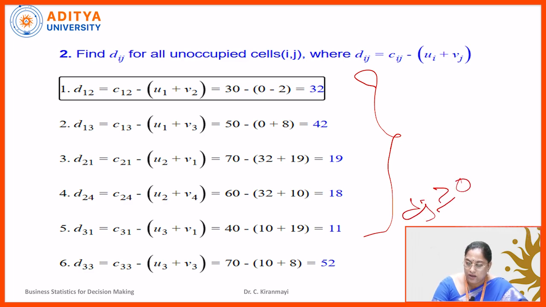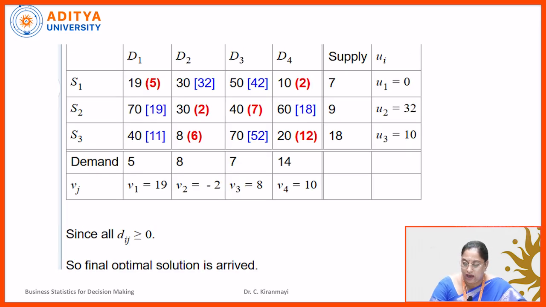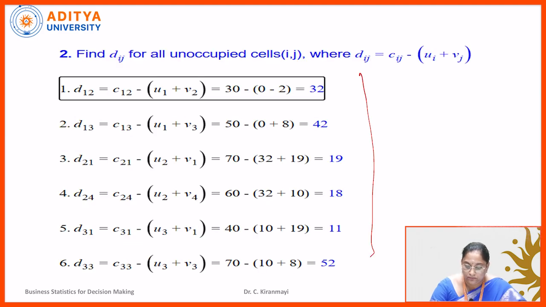If all the net evaluations are greater than or equal to 0, the solution is going to be optimum. If at least one dij is negative, the solution is not optimum and we have to move to the next iteration. Here all the dijs are positive. Therefore, we have reached the optimum solution.